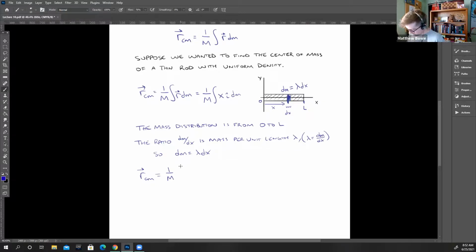Since up here I put in an i hat, this is just a labeling of which direction this is pointing, so it's not going to change at all. I'm just going to bring that out front of this integral. So we have x dm.